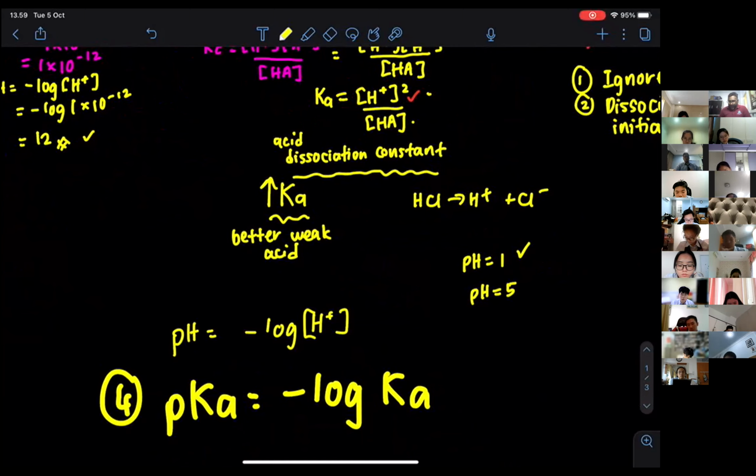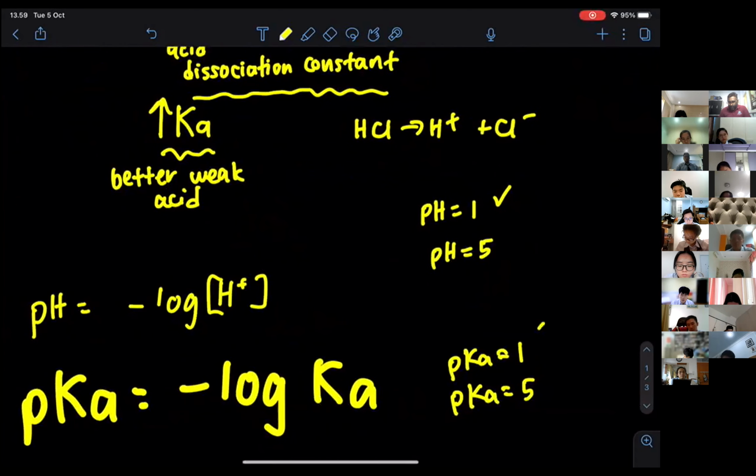So now, if I have pKa equals 1 and pKa equals 5, what can I deduce from here? I can say that this is smaller and therefore the Ka is bigger, something like the H plus just now. So if the Ka is more, it means that it is a better weak acid.